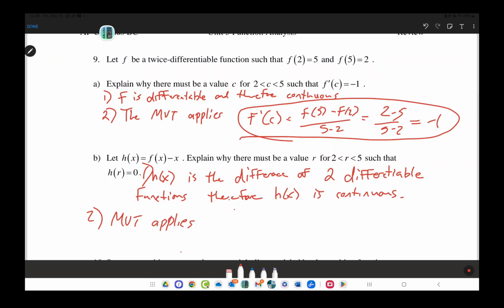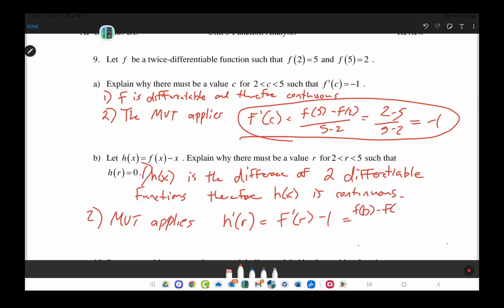So, h prime of r is equal to f prime of r minus 1, which is equal to f of b minus f of a over b minus a, which we already know to be negative 1.